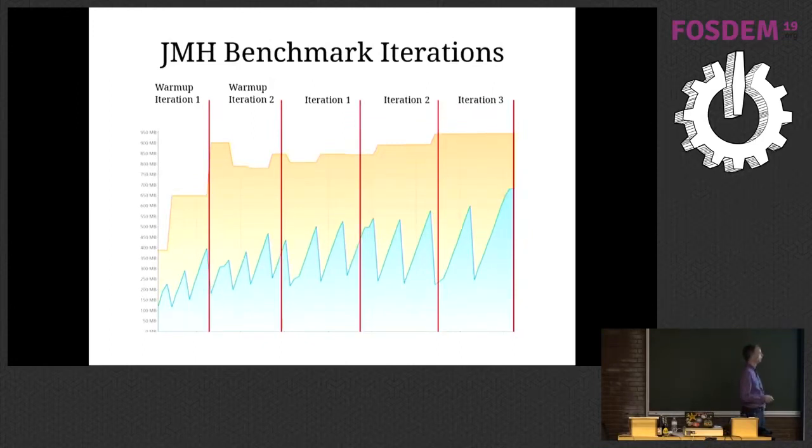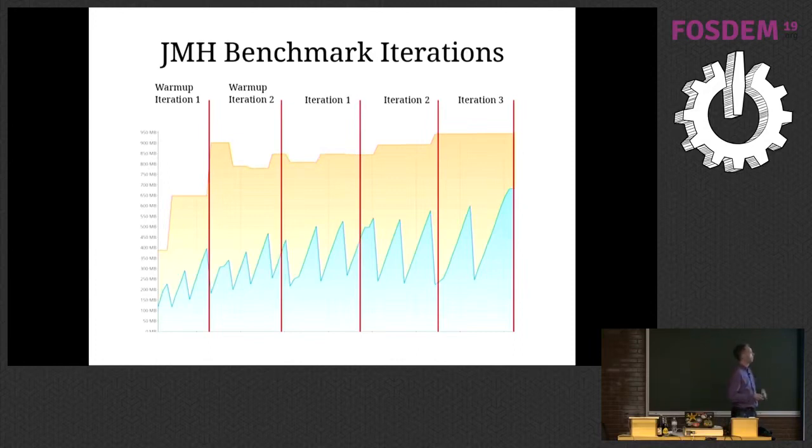So how does this relate to my JMH benchmark? JMH spins up a JVM and runs its benchmarks in there, and there are iterations. You can specify how many iterations you want for warming up your workload, and how many iterations for actual measurement.